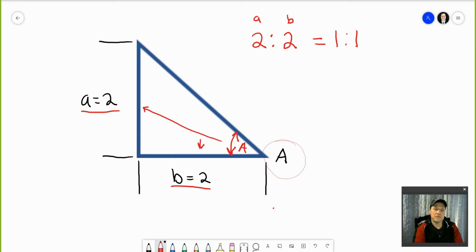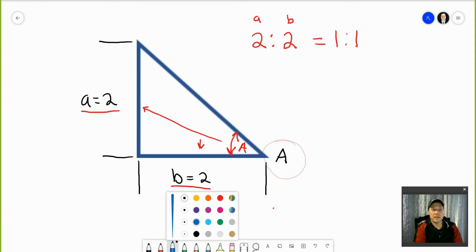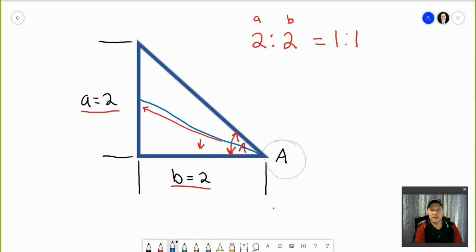However, if the triangle, if I draw a new line, let's say here, this becomes my new triangle. Okay, now the height of this triangle, A, equals 1.